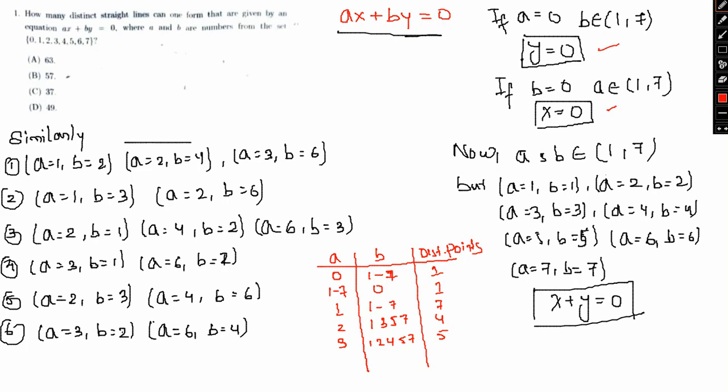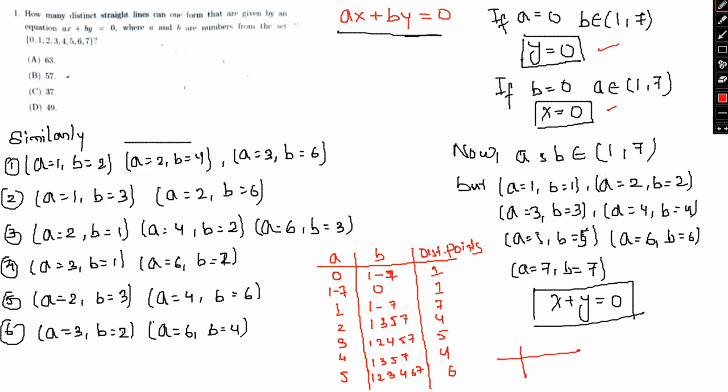Similarly for A equal to 4, we'll have 1, 3, 5 and 7, so another 4. If I take A equal to 5, then I'll have 1, 2, 3, 4, 6, 7, so in this regard we have 6.